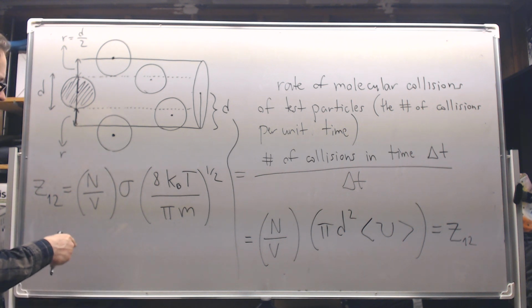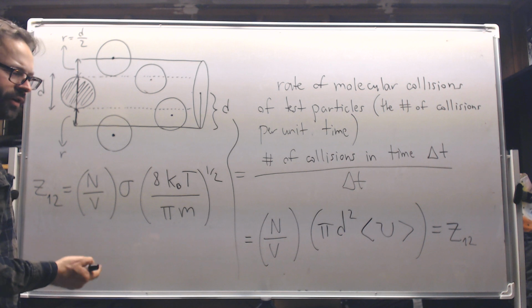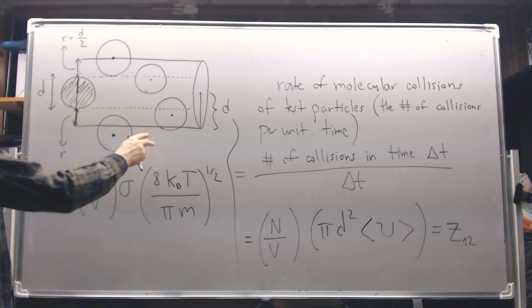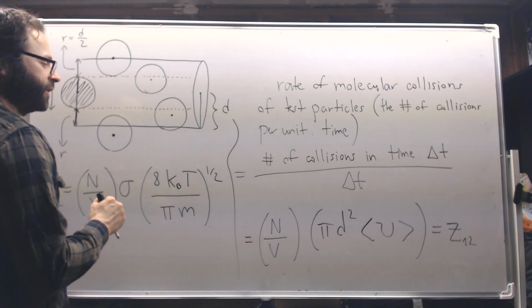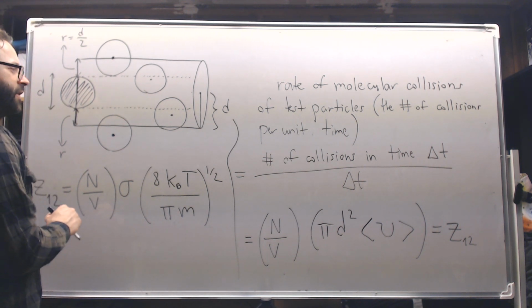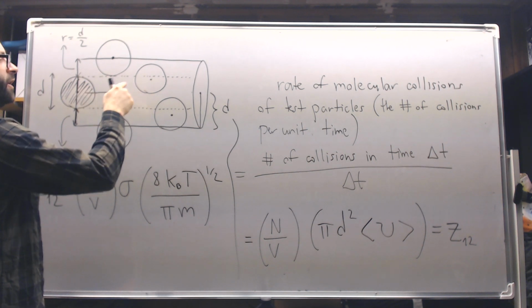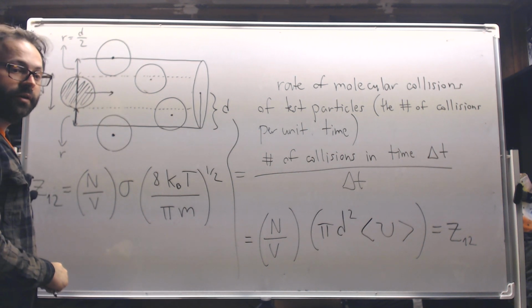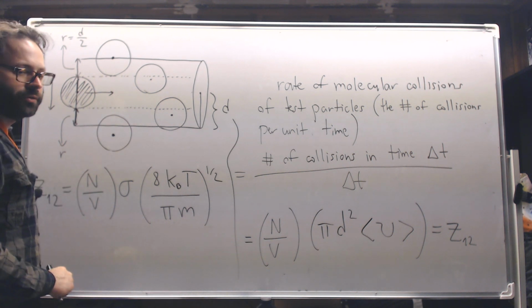So there's one thing that has to be corrected here to make this more accurate. Of course, again, we're being very coarse here, but one thing that we did not account for, among many other things, but one very obvious thing that can be easy to correct, is the fact that other molecules, as this molecule is moving forward, are not stationary. They're also moving. And so what matters is the relative speed with which molecules are moving.